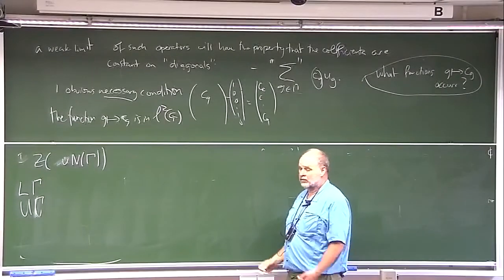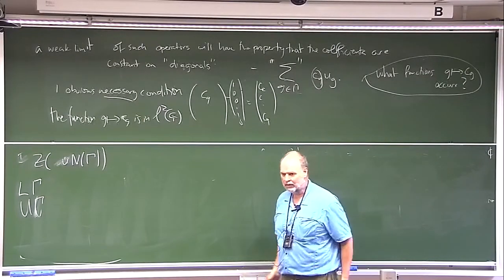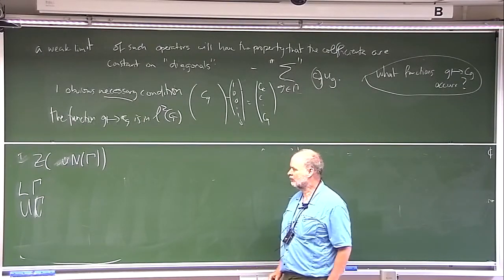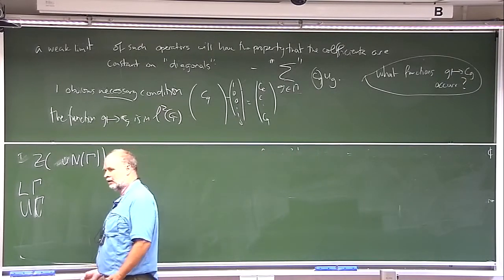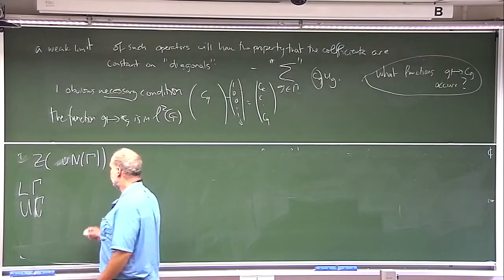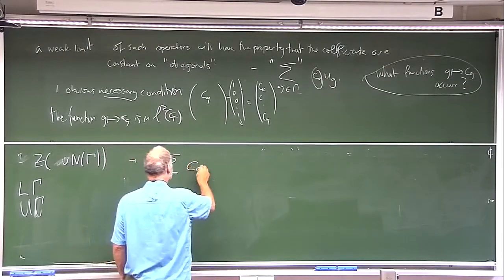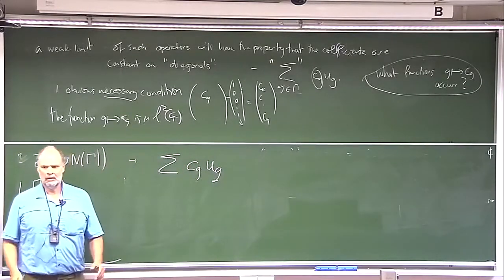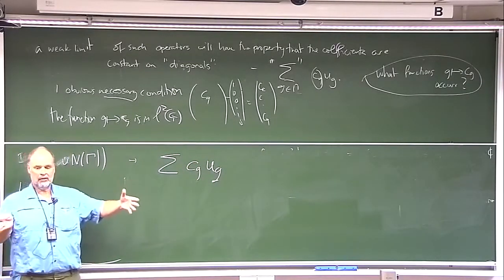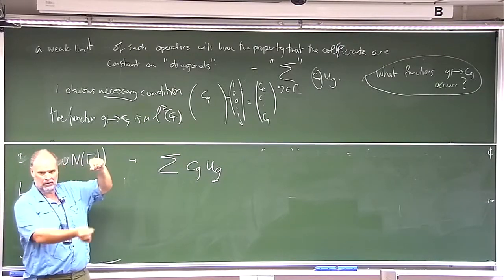Center. Von Neumann says, if you want to study a von Neumann algebra, look at its center, figure out what it is. So let's figure out what it is, the von Neumann algebra of G. Any element in the von Neumann algebra has to be given by one of these functions, the sum of CG UG. And this is just a notation for the matrix where you have CG down these G diagonals.